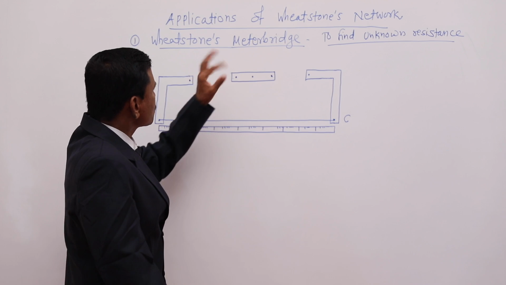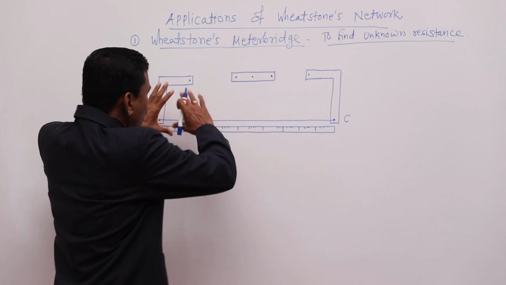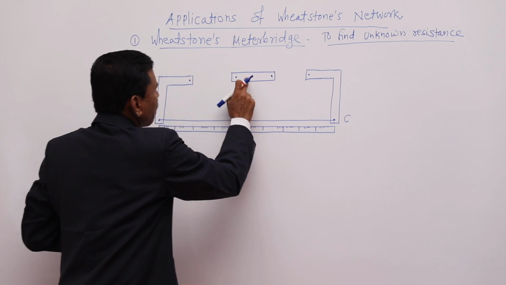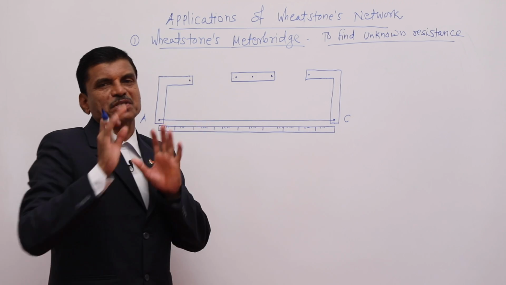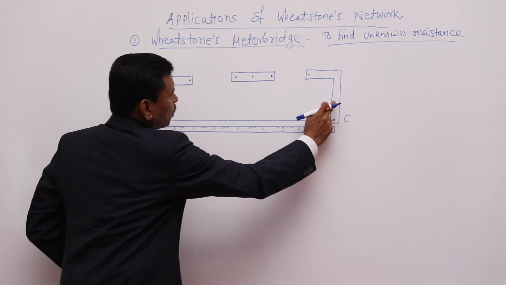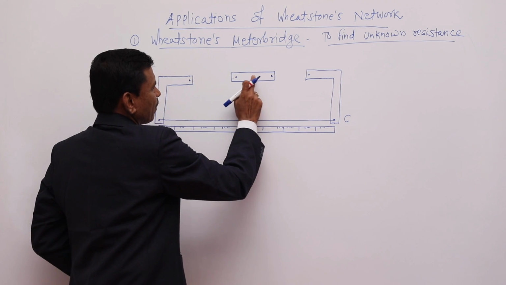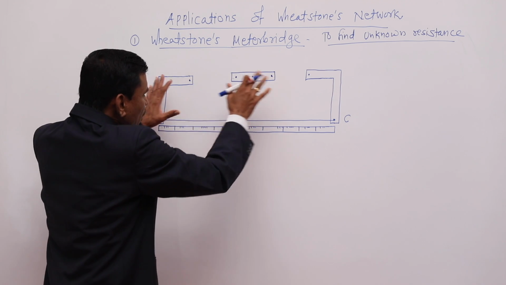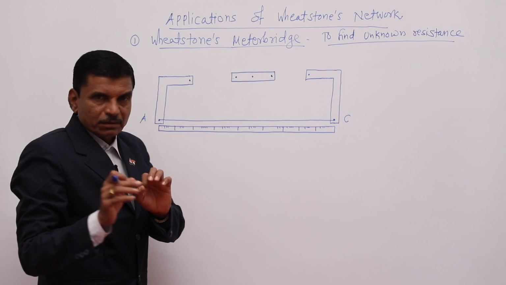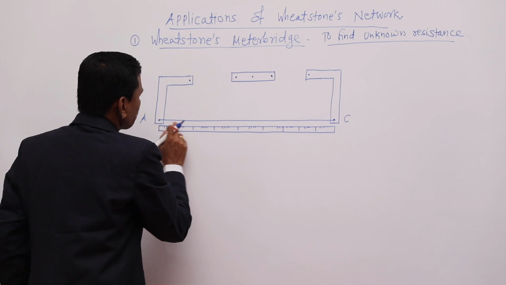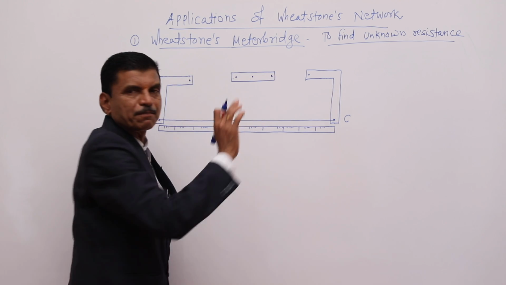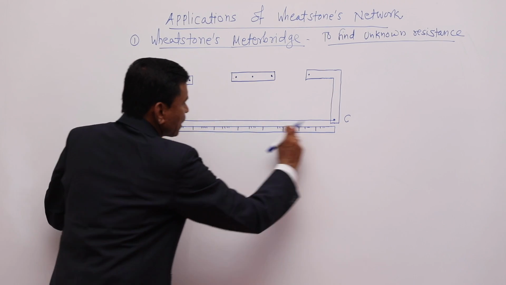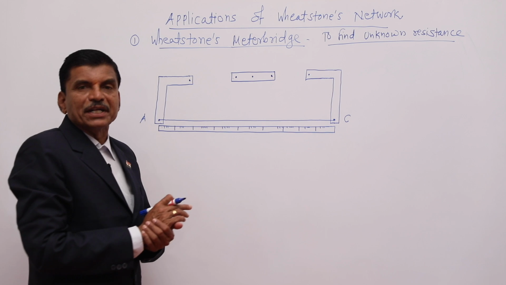In the Wheatstone meter bridge there is a long wooden plate, and on that plate there are 3 copper or brass metal strips. 2 metal strips are L-shaped and one is a linear metal strip, fitted on the wooden board. Very important, it has a long uniform wire A to C, whose length is 1 meter. There is a meter scale also fitted on the wooden plate.